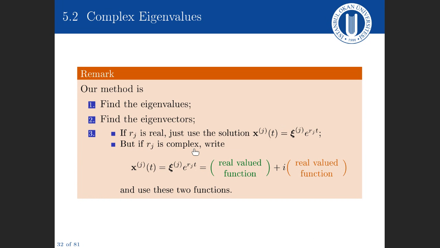If we have complex eigenvalues, it's a little bit more complex. We need to rearrange our eigenvector e to the power eigenvalue t function to a real valued function plus i multiplied by a real valued function. And then instead of using two functions, we use the green function and the orange function.